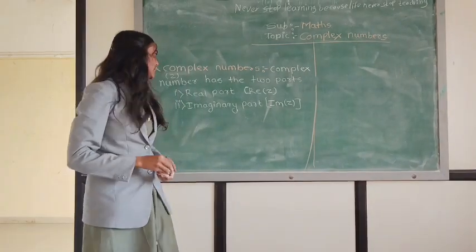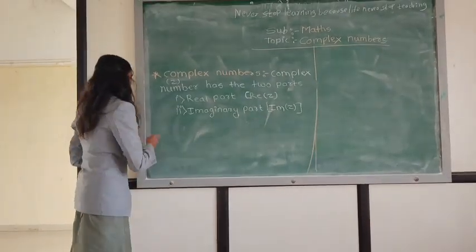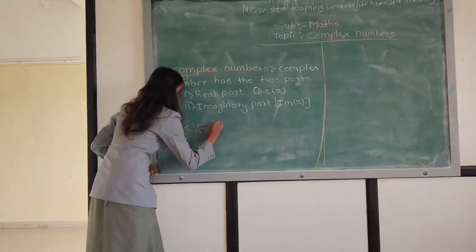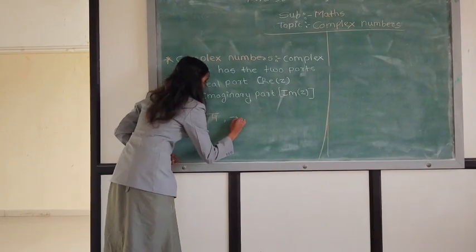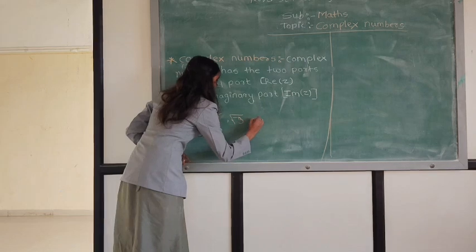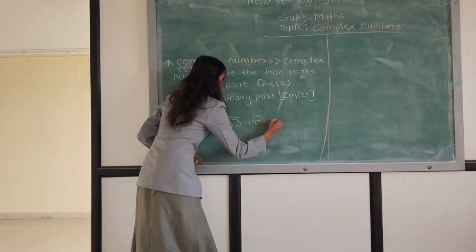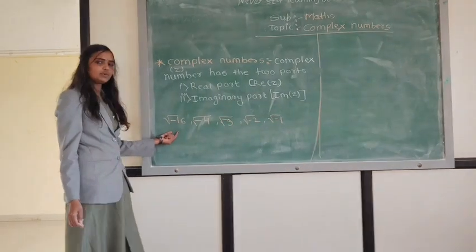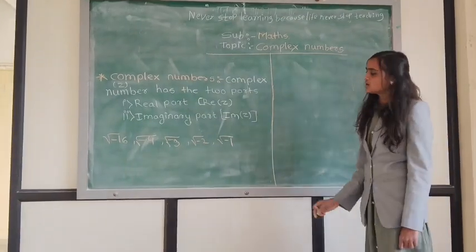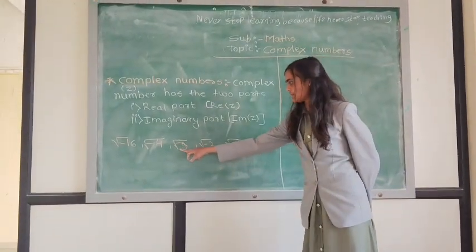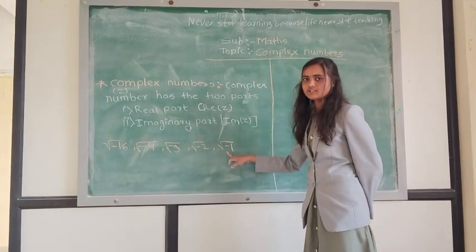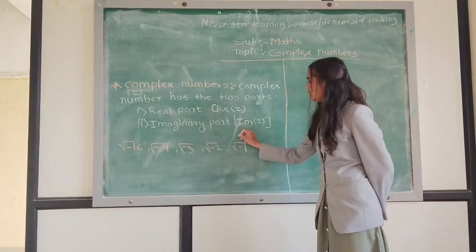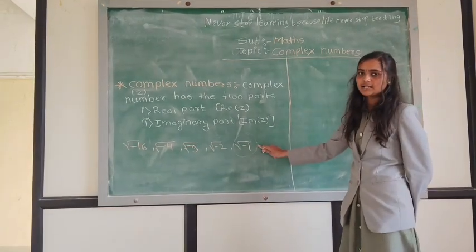As I told you earlier, we can't find the square root of minus 16, minus 4, minus 3, minus 2, minus 1, etc. So how will we represent it? As we don't know the square root of minus 1, we will consider it as i.